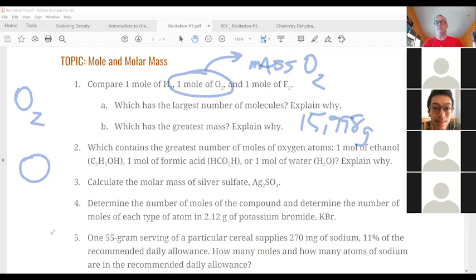That would be really quite bad for us because oxygen atoms are super reactive. We breathe oxygen molecules. So oxygen is O2, fluorine is F2, nitrogen is N2, chlorine is Cl2, iodine is I2. Basically, they all exist as what we call diatomic molecules.